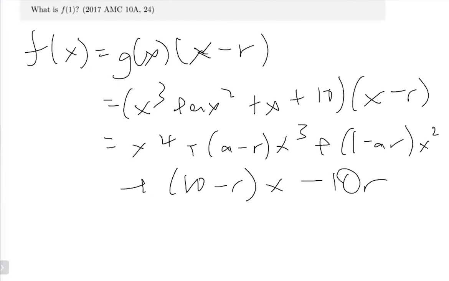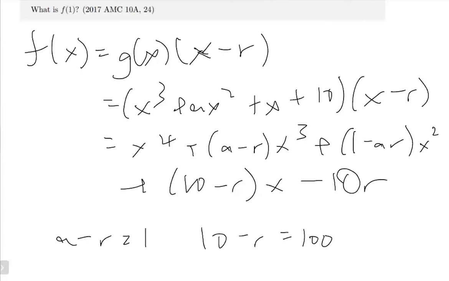Now we'll see that if we compare the coefficients of this expanded expression with the coefficients of f of x, we notice that a minus r equals 1, right? And we also notice that 10 minus r is equal to 100.